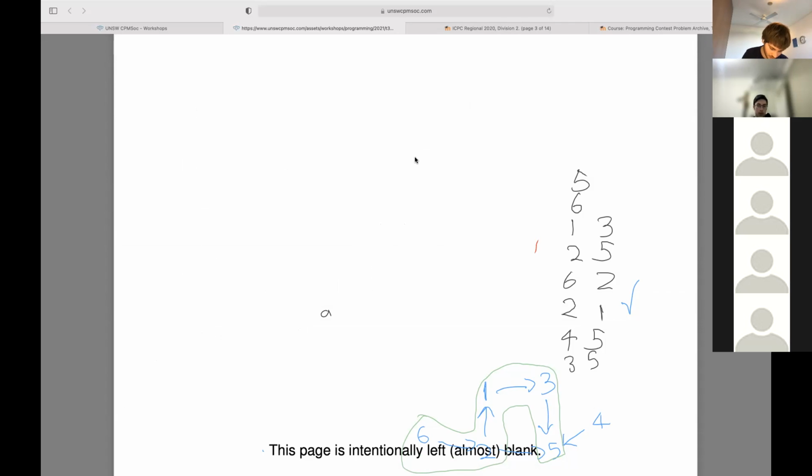So we want to find the longest path in a DAG. So first of all, check one, do we have a cycle? And check two, longest path. The first check, do we have a cycle?